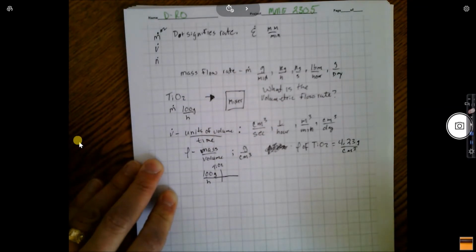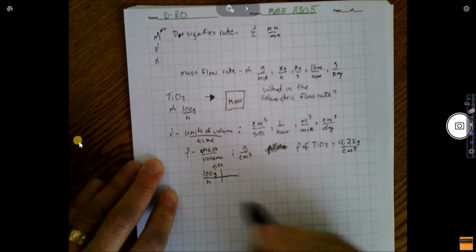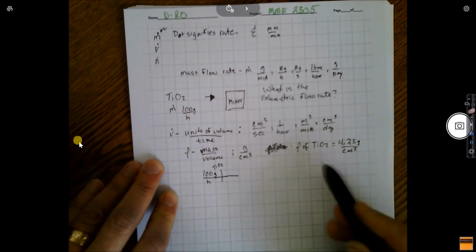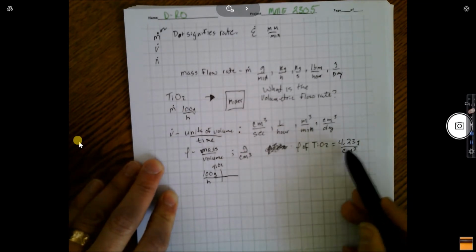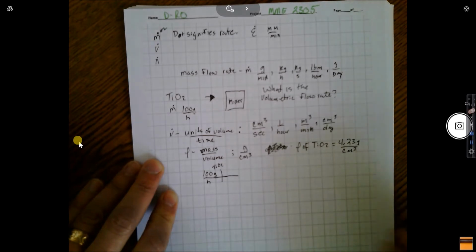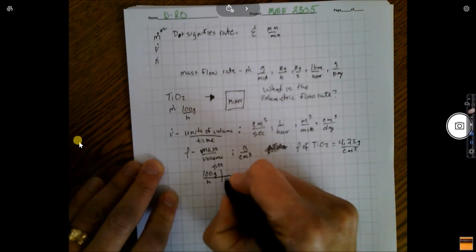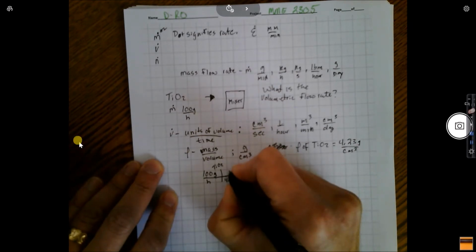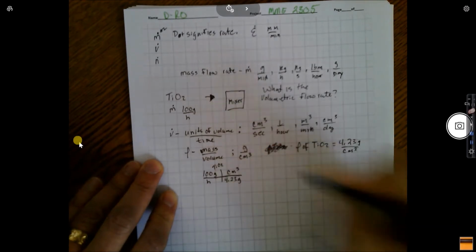All right, so we want to make sure our grams cancel because we want to end up with units of volume per units of time. So if the density of titanium dioxide is 4.23 grams per centimeters cubed, we want to make sure our 4.23 is in the denominator part of this calculation. And we want to make sure that centimeters cubed ends up on top.